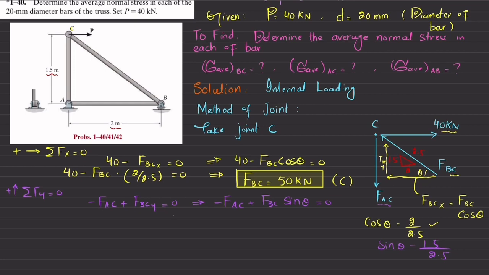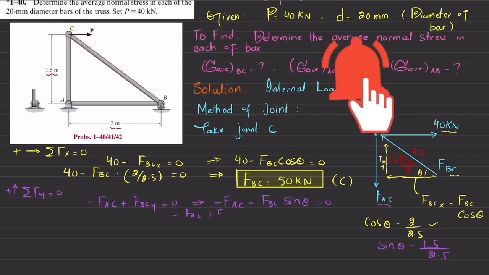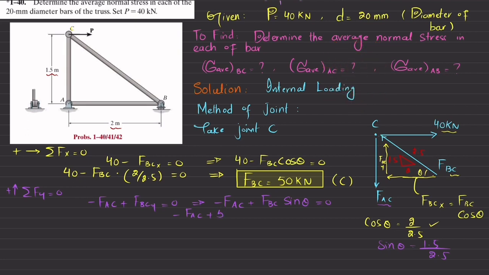So if you put in the values, minus FAC plus FBC, which is equal to 50, so I will put the value 50 into sine of theta, that is 1.5 divided by 2.5, equal to 0. So you will get FAC will be equal to 30 kilonewton.